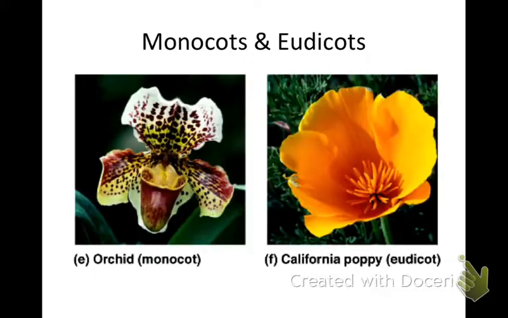So monocots usually have an odd number of leaves. And then dicots or eudicots have a different number of cotyledons. Remember, monocots have one cotyledon and dicots have two cotyledons.